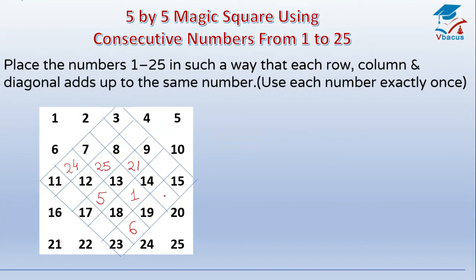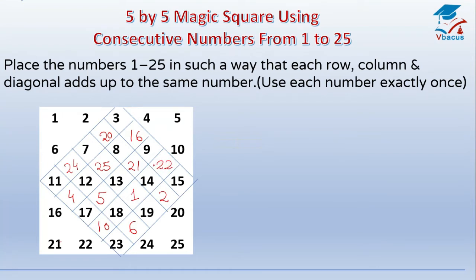Write 2 in this blank. 20 in this blank. Now 4 in this blank, 16 in this blank, 5 is over, 10 is in this blank, 22 in this blank.